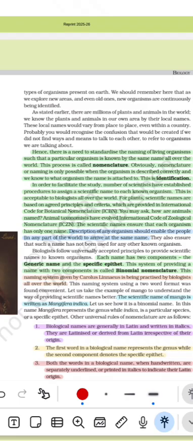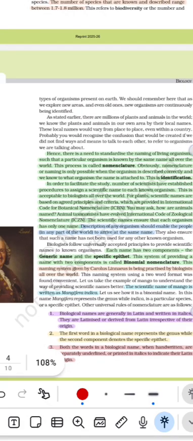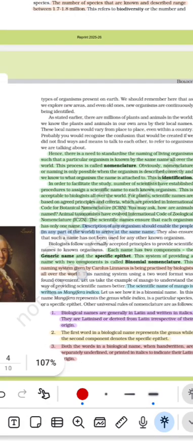Take the example of mango: its scientific name is Mangifera indica, where Mangifera represents the genus while indica is the species epithet.